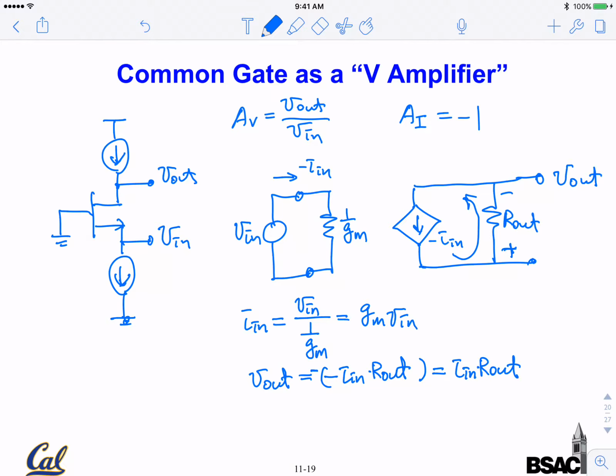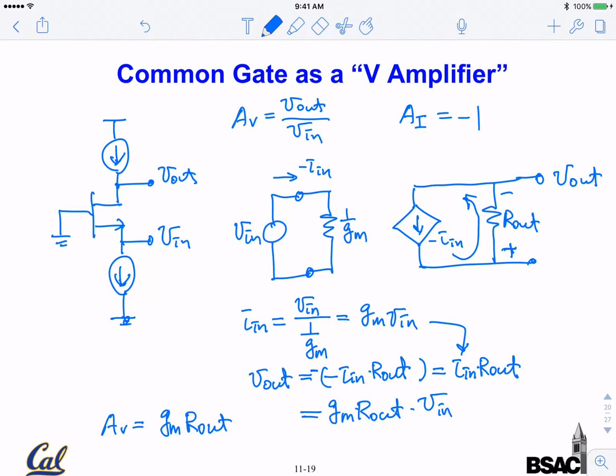And I substitute Iin here. This is Gm Rout times Vin. In other words, my voltage gain is equal to Gm Rout.